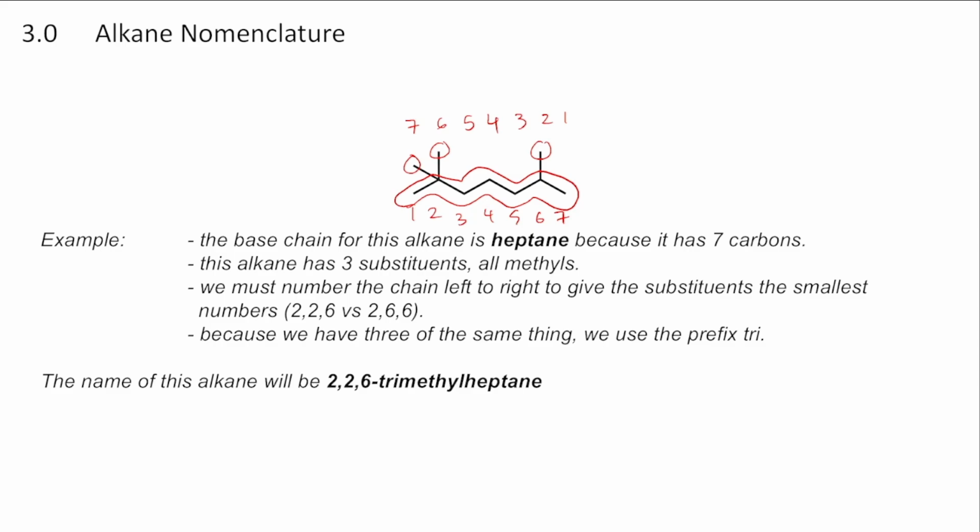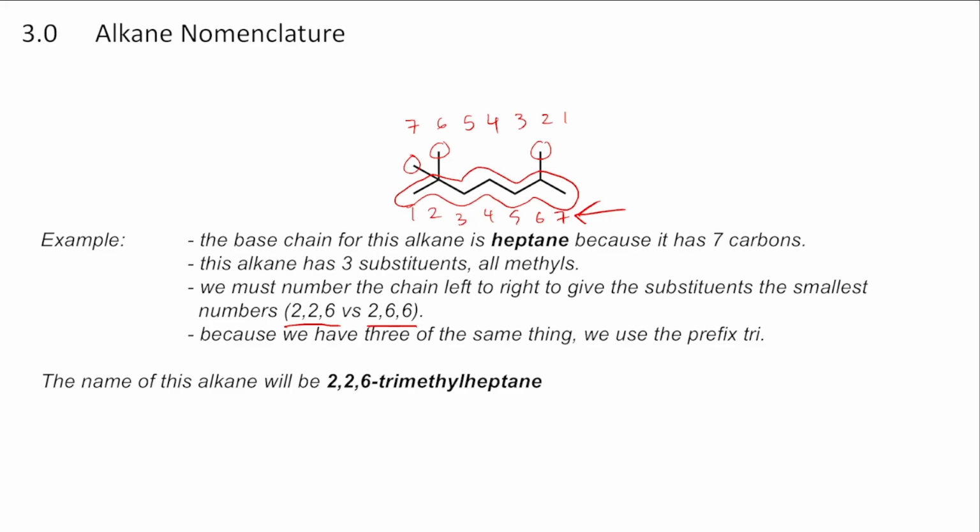Starting from left to right, the second substituent we hit is also on carbon 2 because there are 2 substituents on carbon 2. Starting right to left, the second substituent we get to is on carbon 6. So we want to use the numbering system on the bottom to give the lowest possible number to the second substituent. So 2,2,6 will be better than 2,6,6.